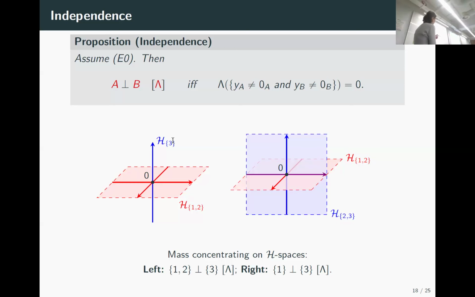Another point I'd like to make is that one has to be quite careful. If you have more than 3 components, quite complicated situations can arise. For instance, one could have a situation where the mass is sitting on such intersecting spaces. In this case, if we collapse the measure in the 2 direction, then we would have the kind of cross, basically, if we look at the marginal measure.